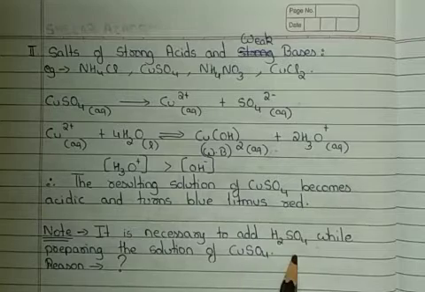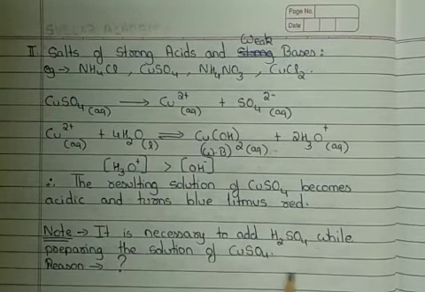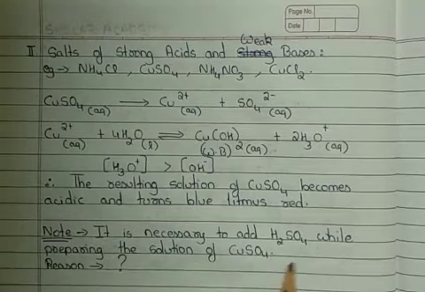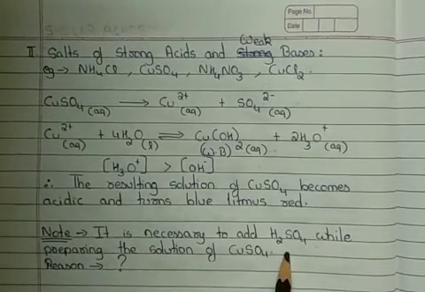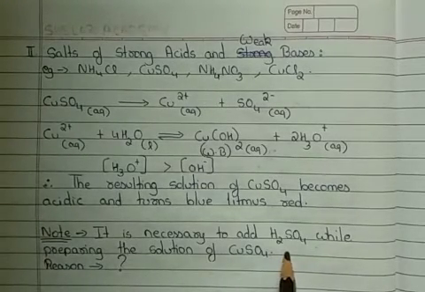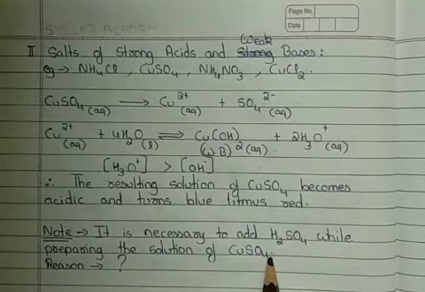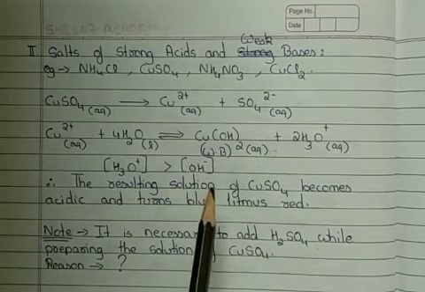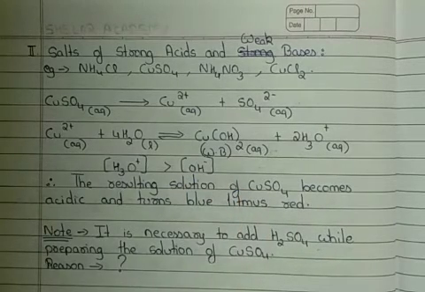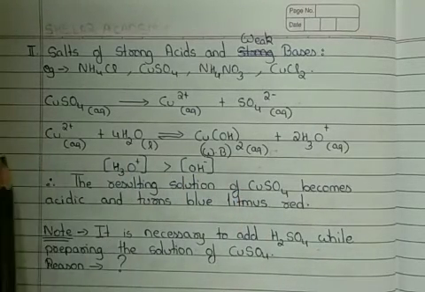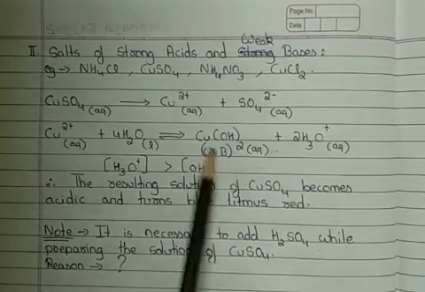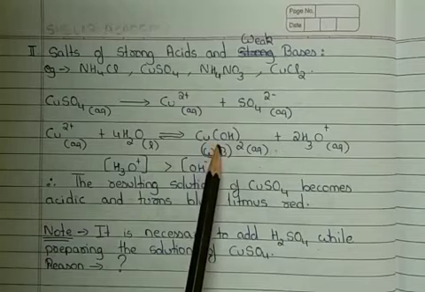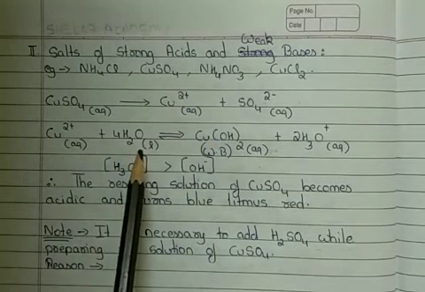So to remove that turbidity, if we add sulfuric acid in a few drops, then because of the addition of sulfuric acid, there happens to be formation of hydronium ions. Thus, the hydronium ions added shift the hydrolytic equilibrium towards left. As it shifts towards left, what will happen? The turbidity of copper 2 hydroxide is dissolved and it gives a clear solution.